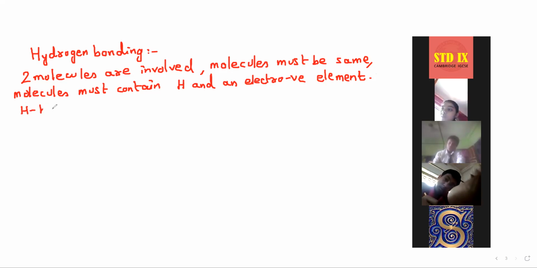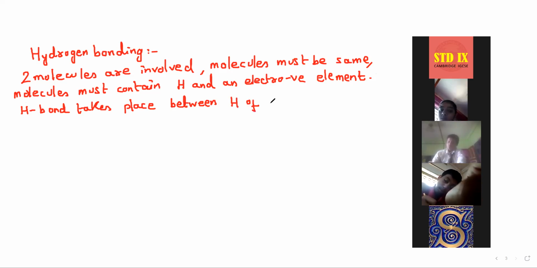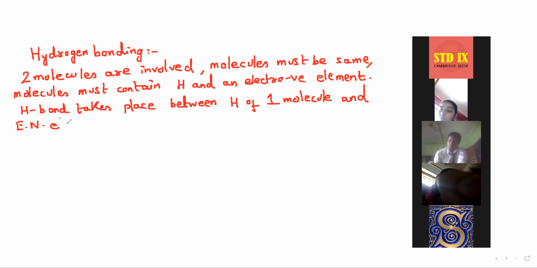Hydrogen bond takes place between H of one molecule and electronegative element.